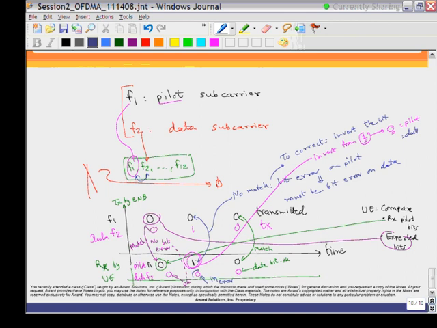Same thing we will do for data. What did we get? We thought that we got 0. But now to correct, we need to invert the bit, because we had to invert the pilot bit to get the pilot bit right. So to correct, we will invert the bit.